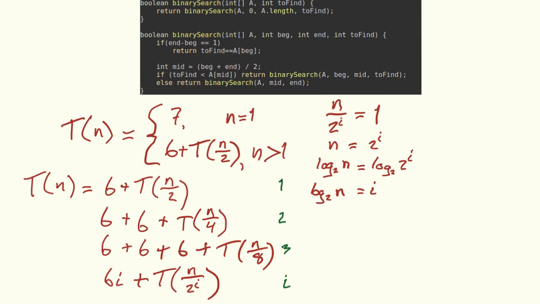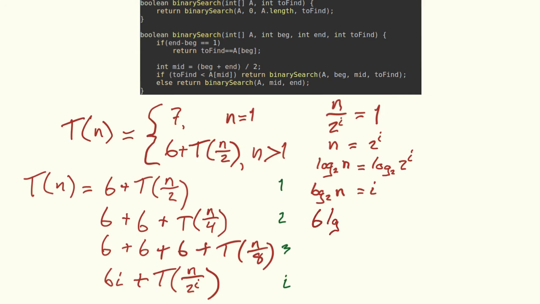And what we find is we've got 6. For this class, we're always going to write log base 2 as just lg. That's a standard computer science thing, because log base 2 is such a common logarithm in computer science.